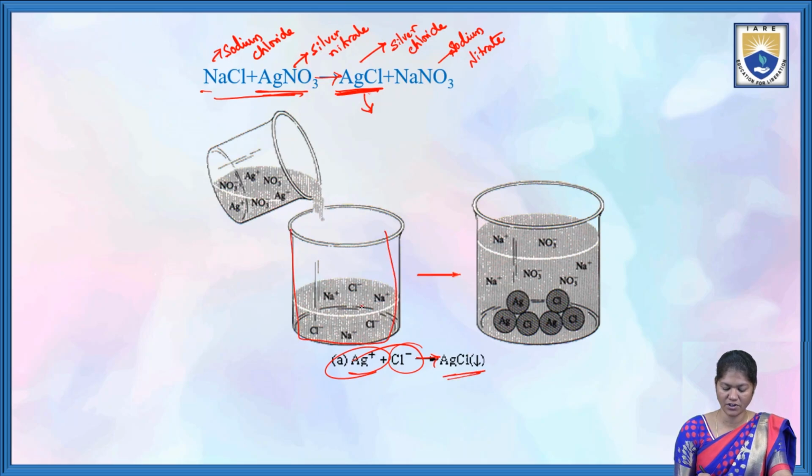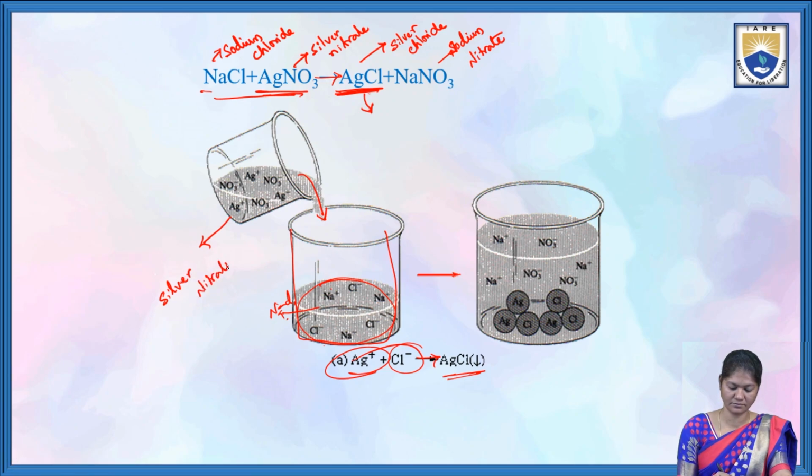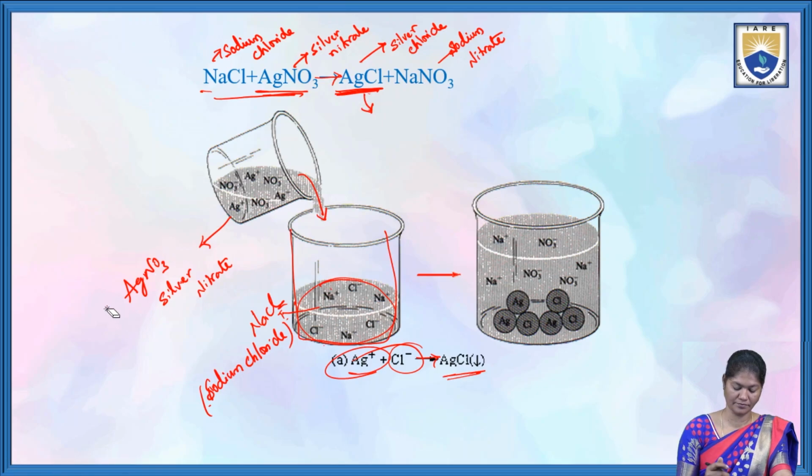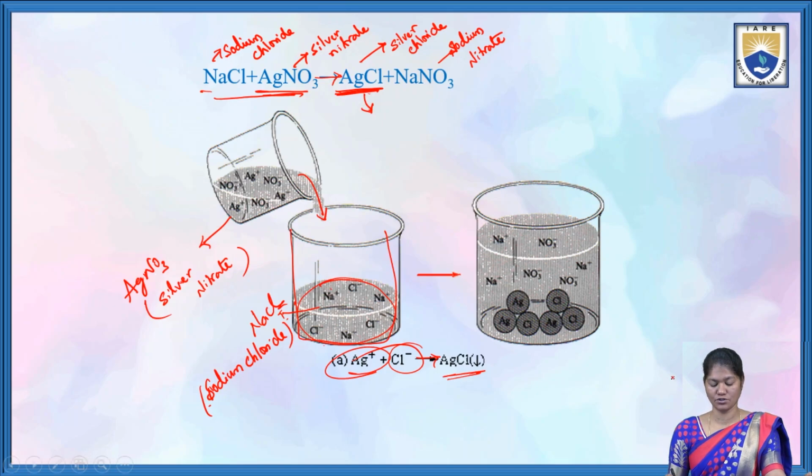Here in this container we are taking sodium chloride solution, and we are adding some AgNO3, that is silver nitrate solution.